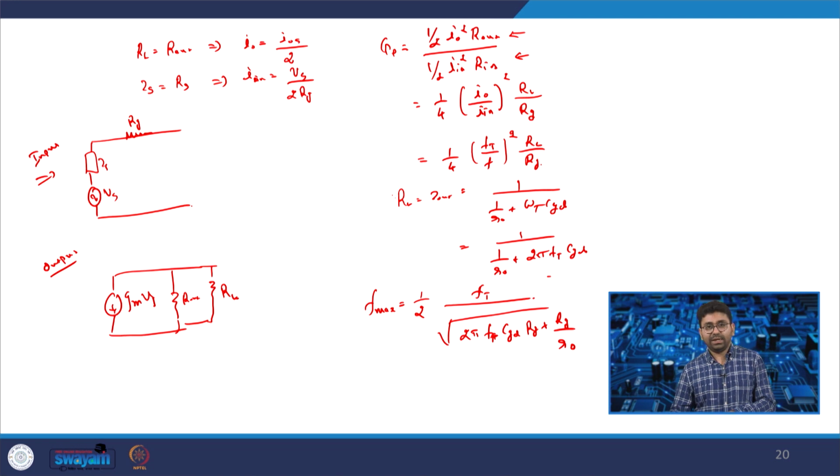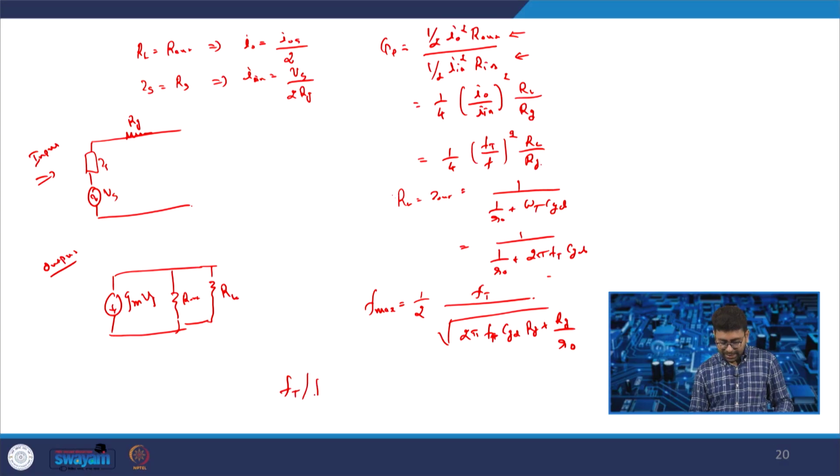So, this is the final equation which is a function of Ft by Fmax. Generally when any device is given, the Ft and Fmax are mentioned together, so that you will know how your device will work when power is involved and when small signal current gain is involved.